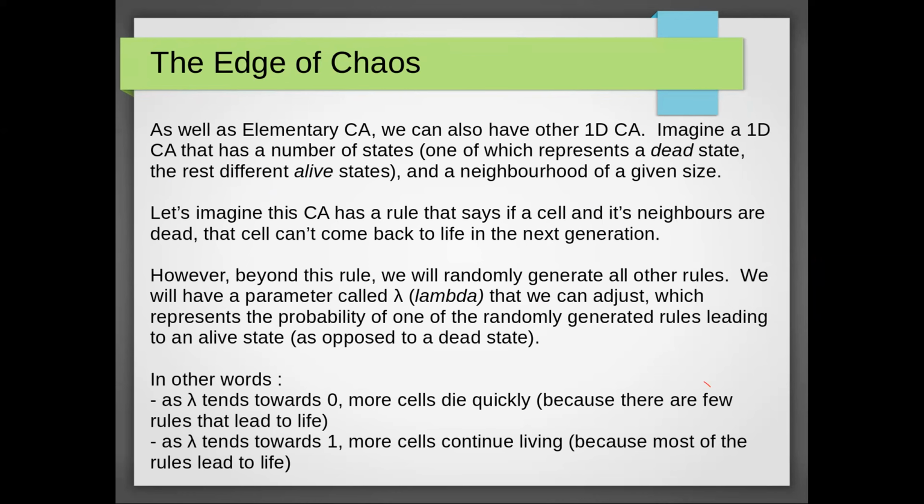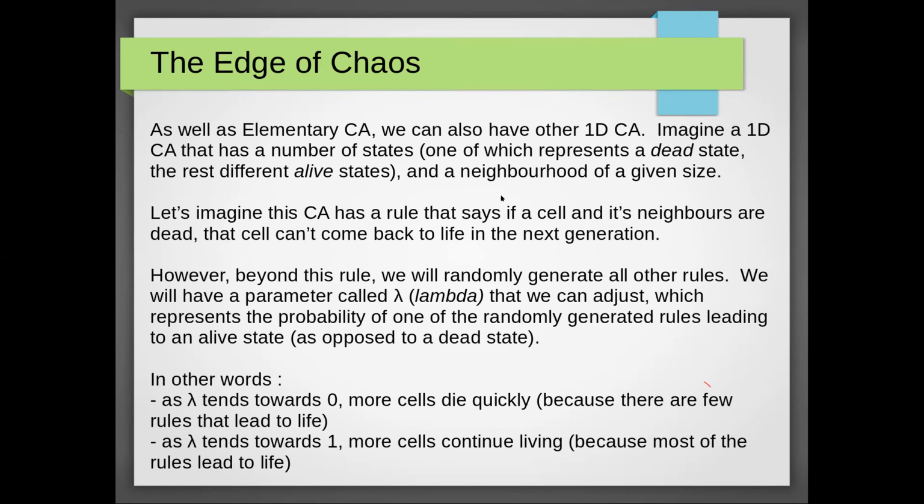So a little bit like the 2D one I showed you that I made up, where you've got an off state and then various different alive states. So let's just generically imagine a one-dimensional cellular automaton that has one state that's dead and then different alive states, and a neighborhood of a given size.